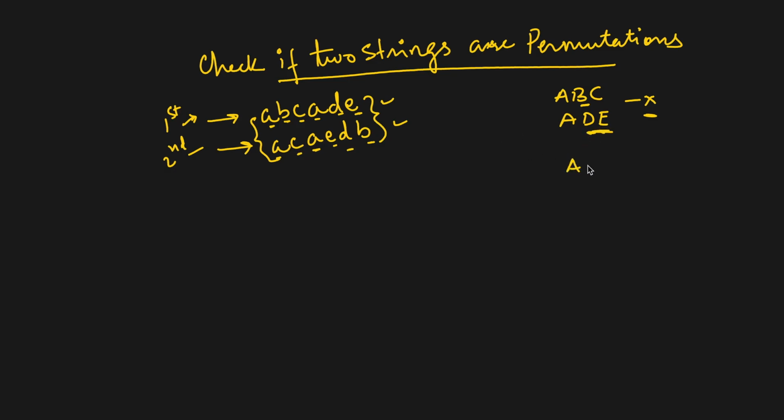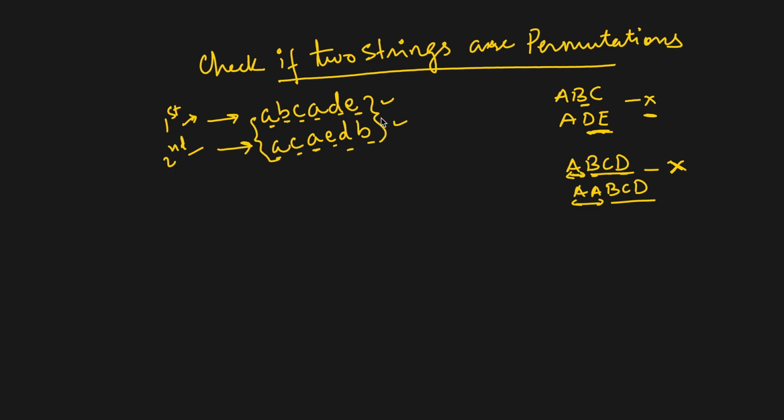Similarly, a b c d, where all the characters are different and appear once, and here a b c d with an extra a. These two are also not permutations because even though b, c, d are in both strings, here the a appears twice and there the a appears only once.